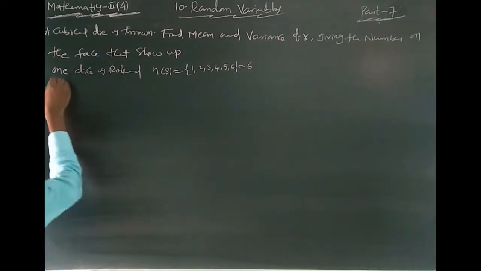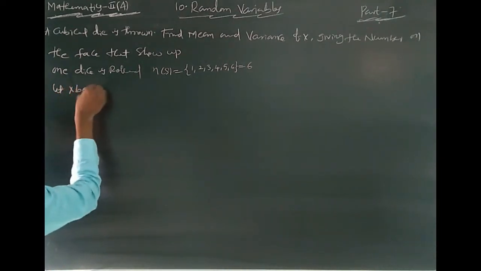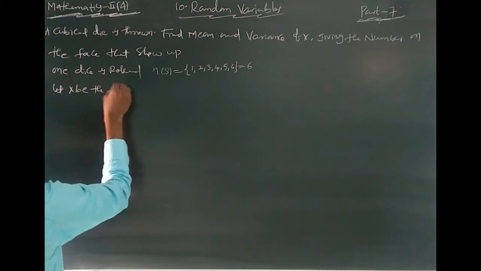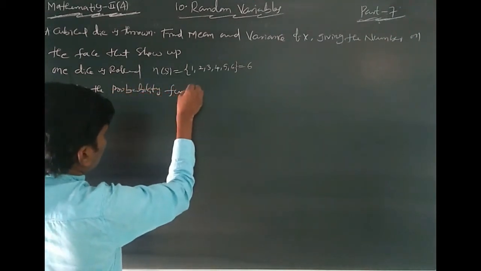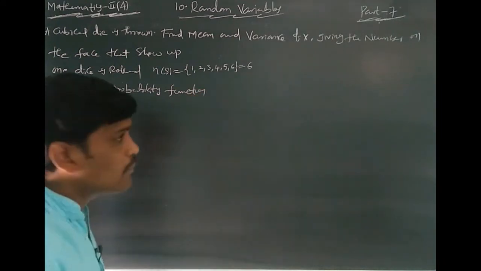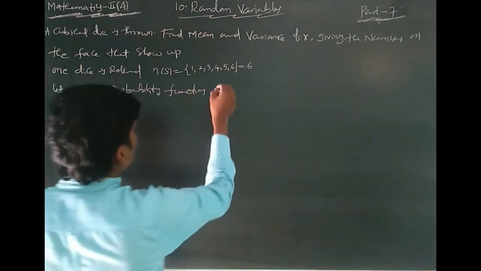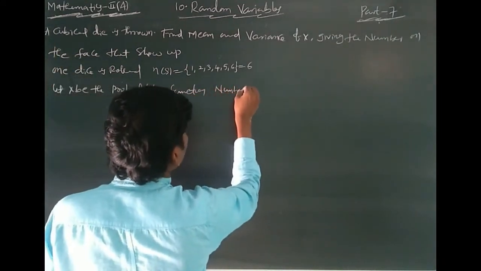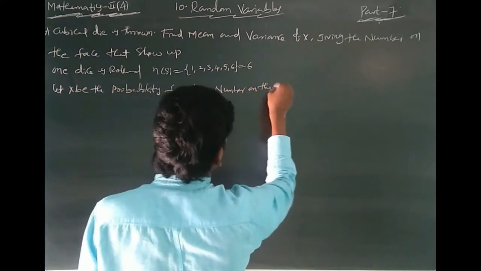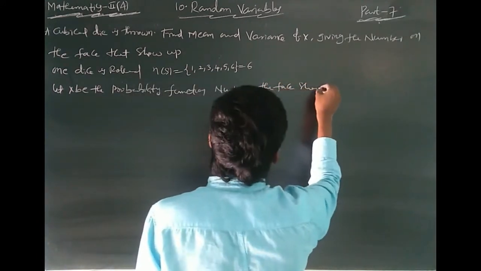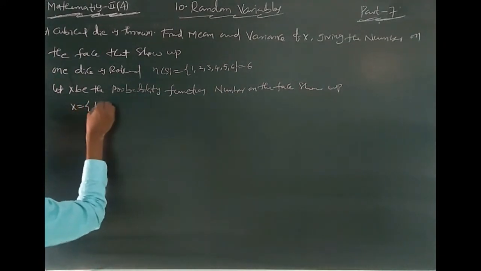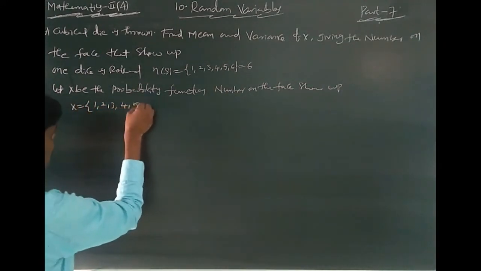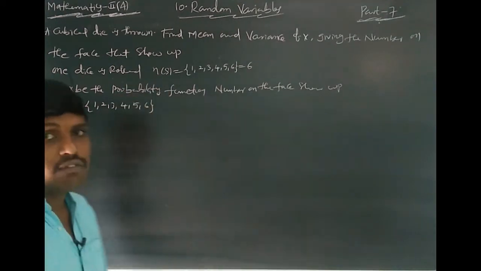Here, suppose capital X be the probability function, the number on the face that shows. Here which numbers are shown? X value is 1, 2, 3, 4, 5, 6. In these 6 cases, any one number is shown.